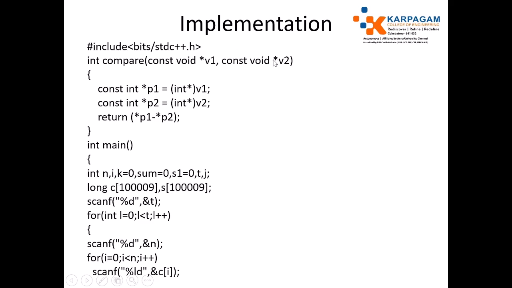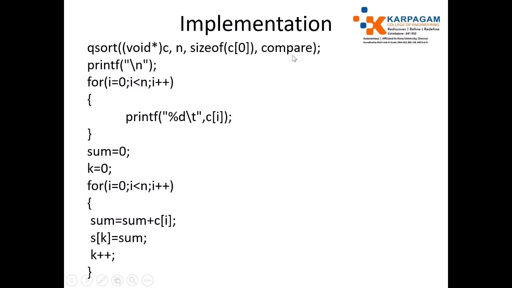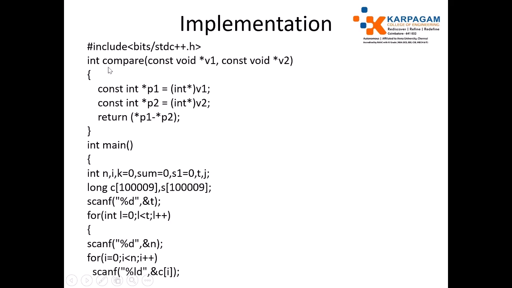So that is a function pointer. Compare is a function pointer, I need to define a function for that. Compare is a function which accepts two arguments and returns an integer. For example, for arranging the elements in an array, you compare one element with the other element.